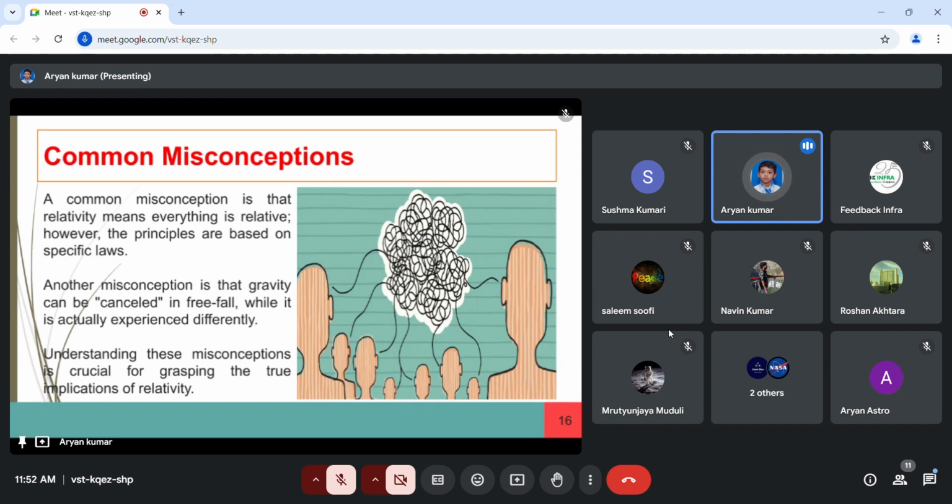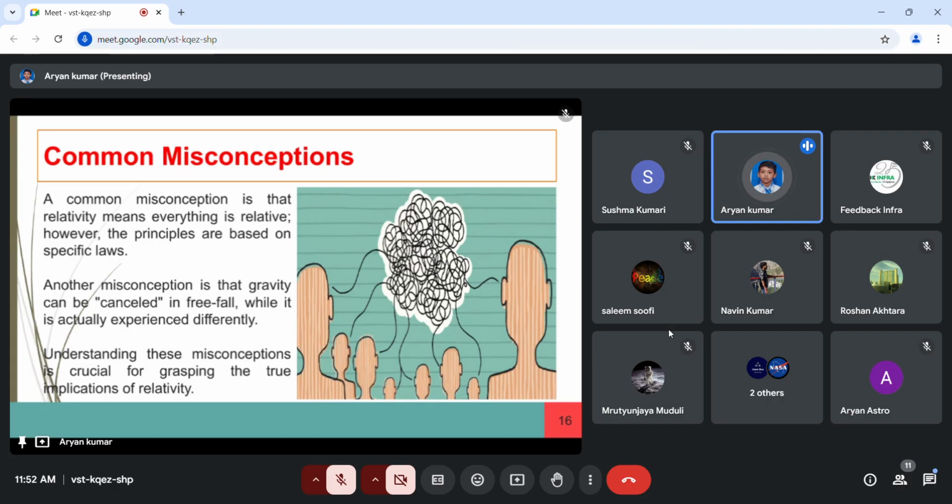Time dilation means time actually slows down. Length contraction means an object actually shrinks. Special relativity only applies to high object speeds. Actually, it applies to all objects regardless of the speed.